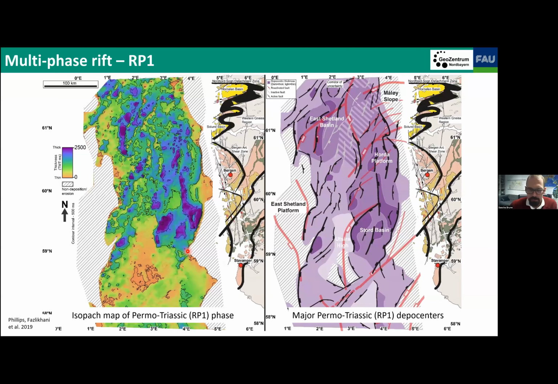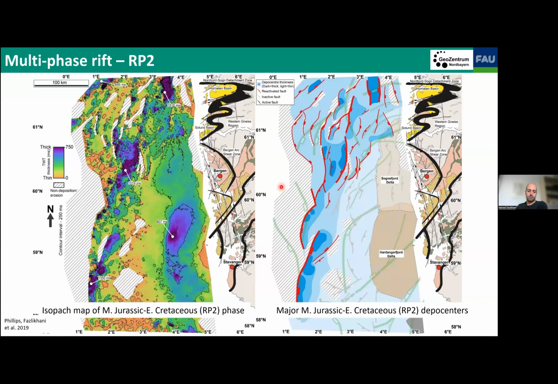Now if you look at the general North Sea on a larger scale, we just saw the Stord Basin here in the southeast. During the first rift phase, the main axis was around the Stord Basin, Horda Platform, and East Shetland Basin, while during the second rift the rift axis migrates towards the west and lines along the Viking Graben in different segments.